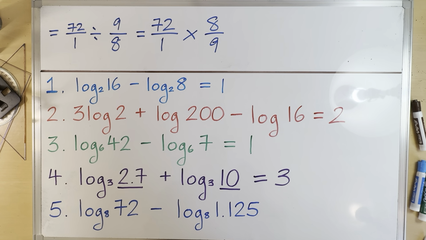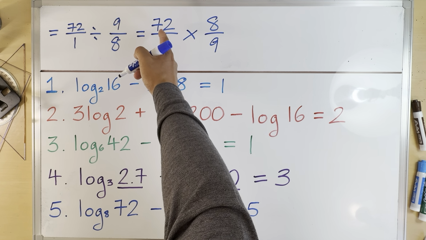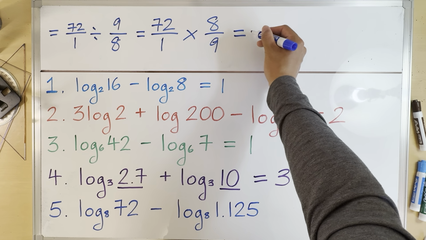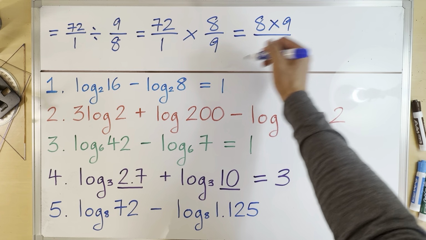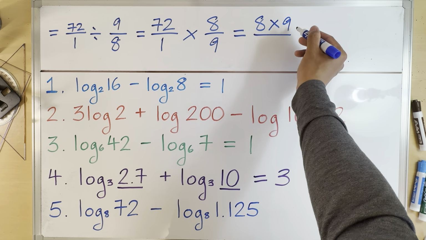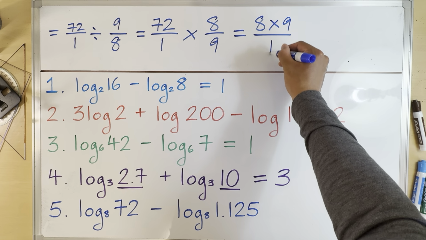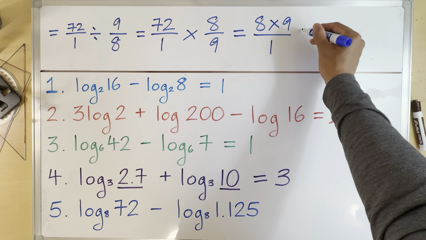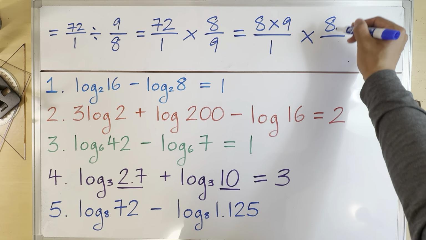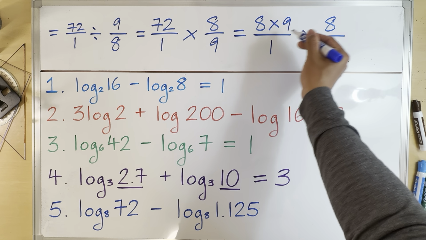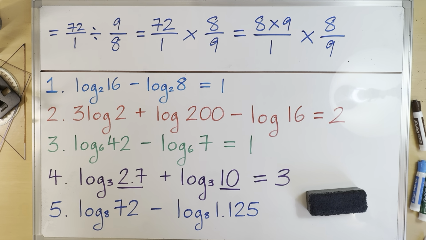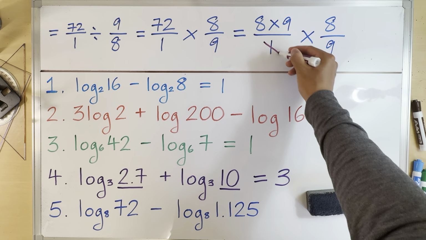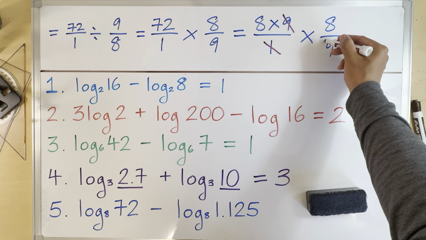Now, 72 itself is equal to 8 times 9. Anything divided by 1 remains the same, so 1 is gone. 9 and 9 are also gone.